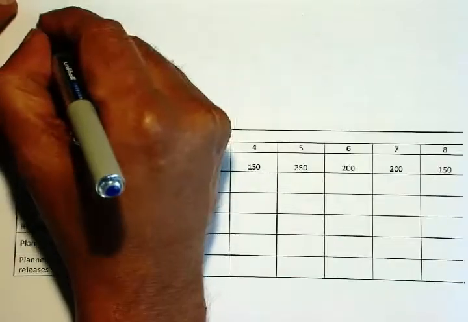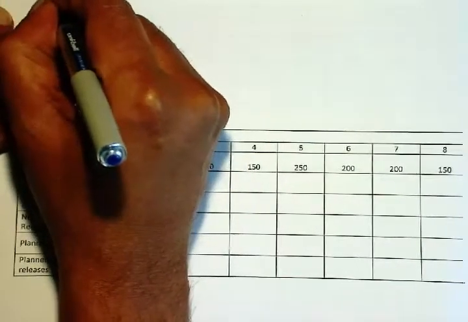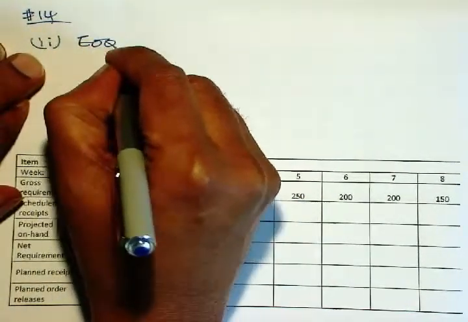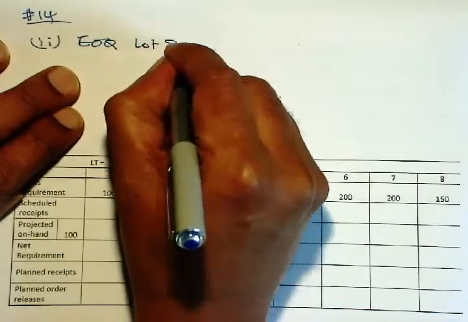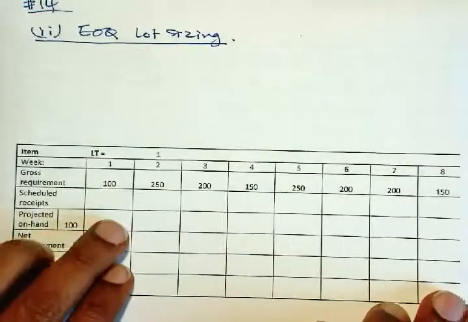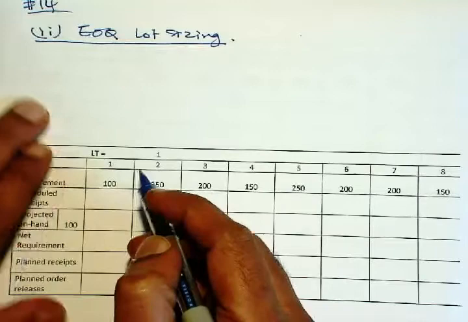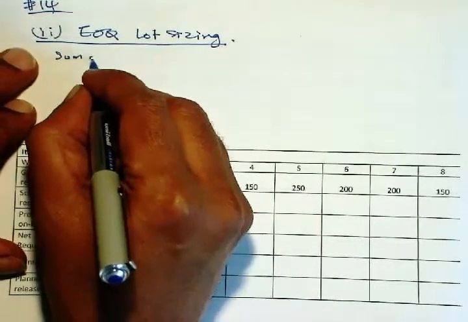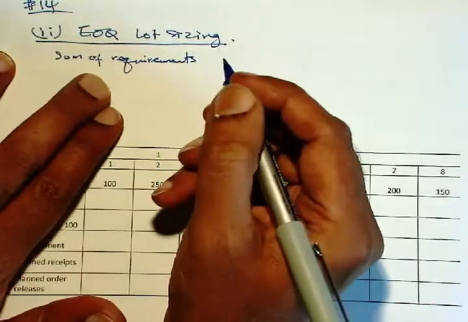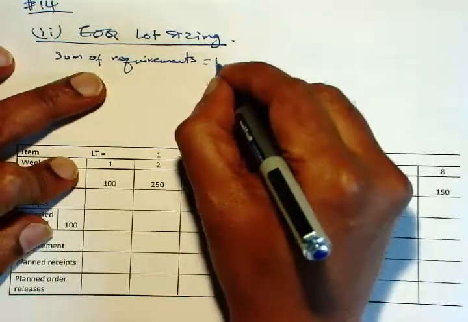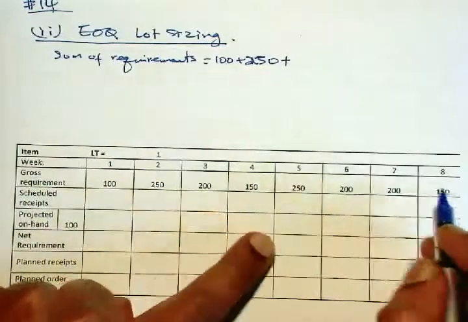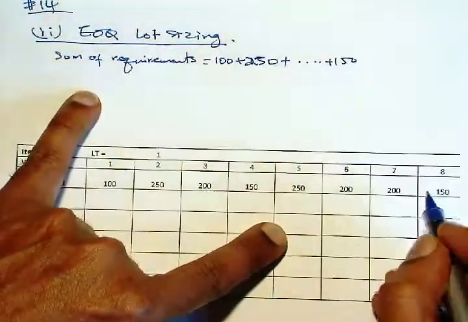Okay, next is EOQ. So again we are continuing with problem 14. Number 2 is EOQ lot sizing. So for that we have to first find the average weekly requirement. So sum of requirements is 100 plus 250 and so on until 150, the last one.